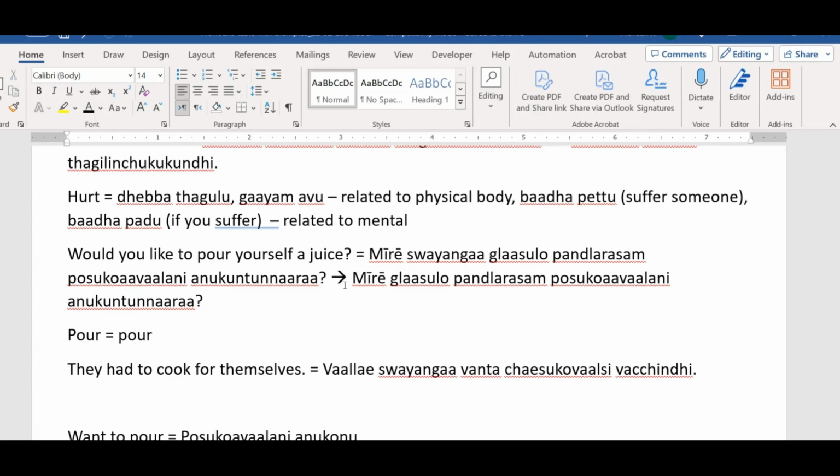Okay. So they cook means వాళ్ళు వంట చేస్తారు.